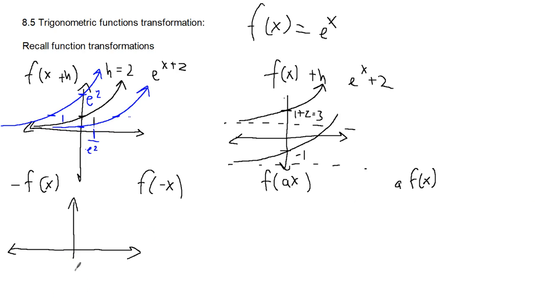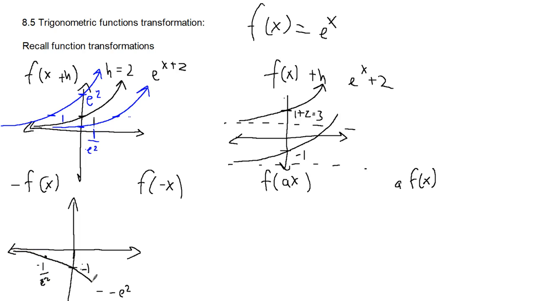Similarly, if you have x equal to 2, you'll get e squared, and if you make that negative, you'll get negative e squared, right there. And if you put in negative 2, it'll be 1 over e squared, and if you make that negative, it'll be negative 1 over e squared, probably somewhere right here. So the graph will actually look like this.